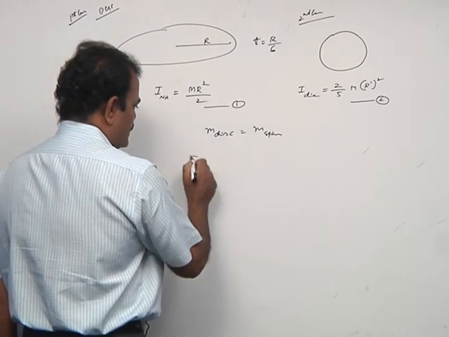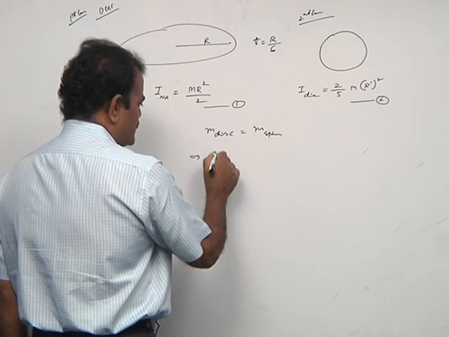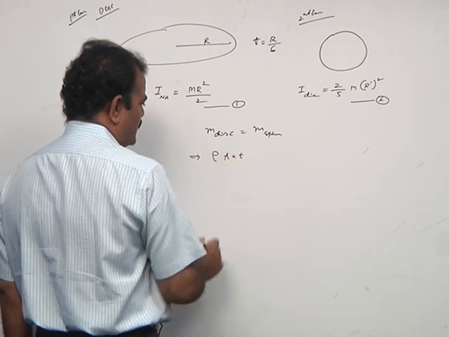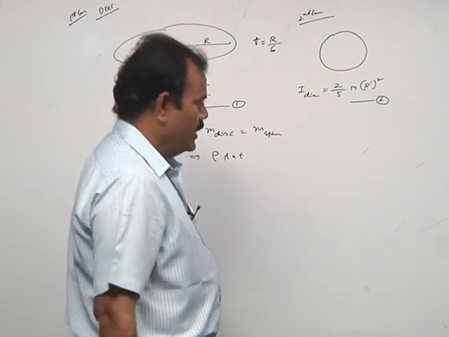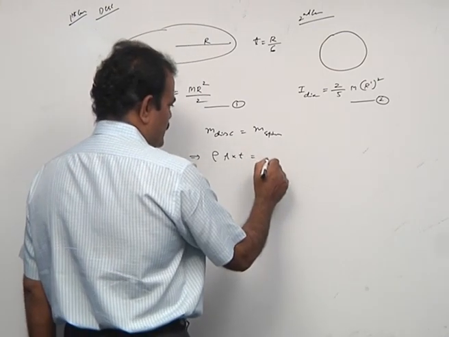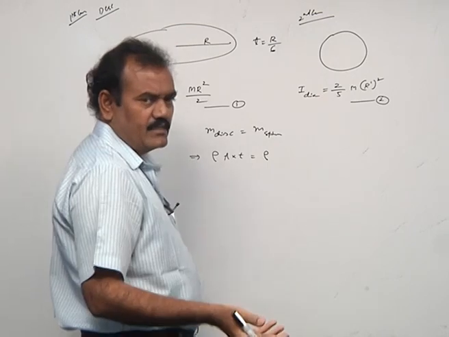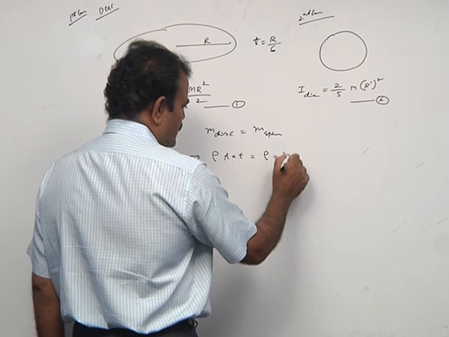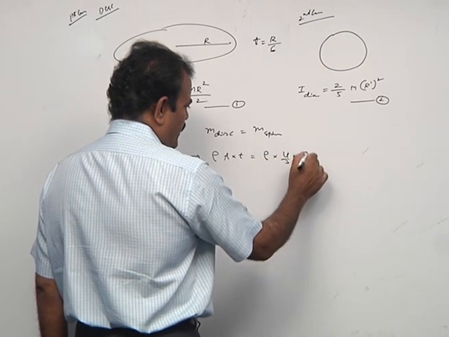In this case, mass of the disk means density, rho, and the volume. Volume is nothing but the area and the thickness. So density into volume. And the mass of the sphere means again the density, because of the same material, rho is here, and the volume is 4/3 pi r dash cube.